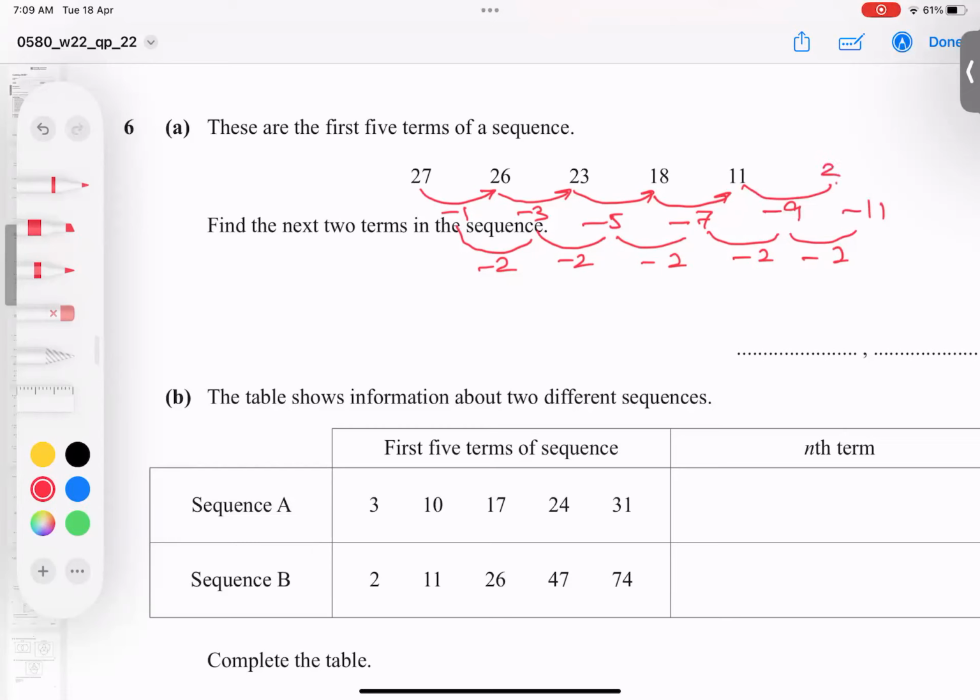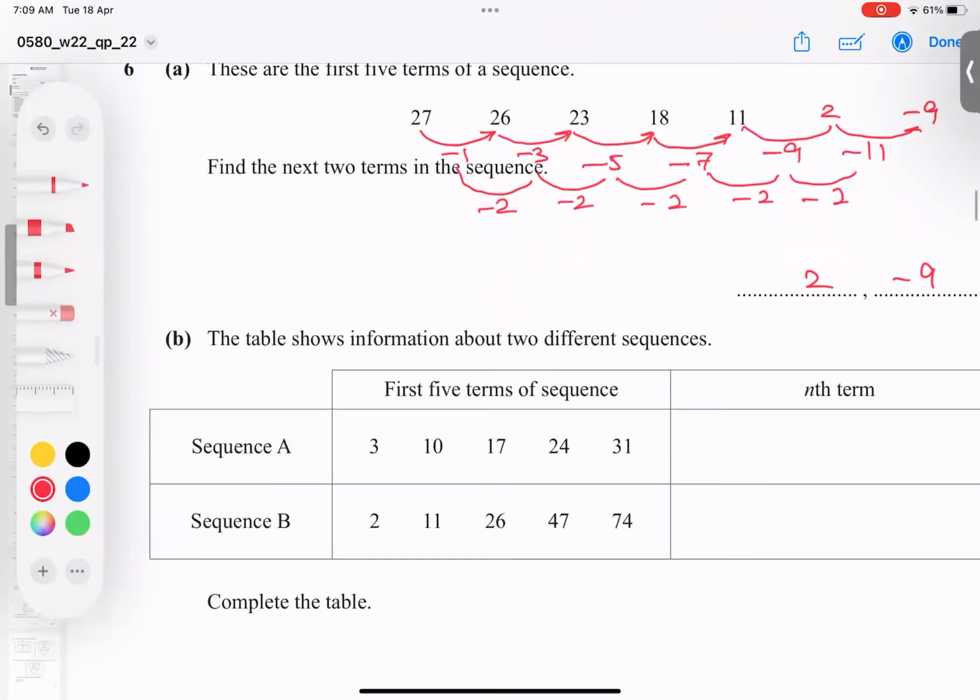And from here, we get -9, because from 9, subtract 11, you get -2, and from 2, subtract 11, you get -9. So the next numbers are 2 and -9. Although I can find a formula and then plug in easily to get the next answers, I think this is an easy way.